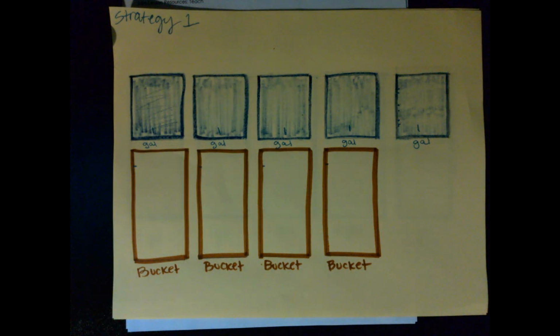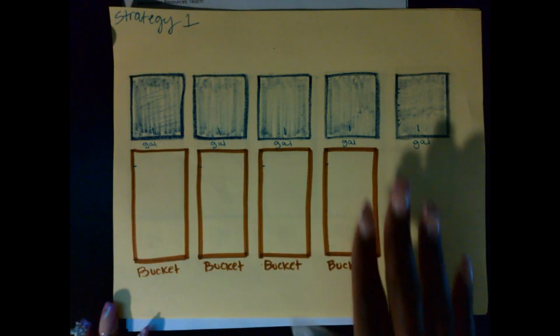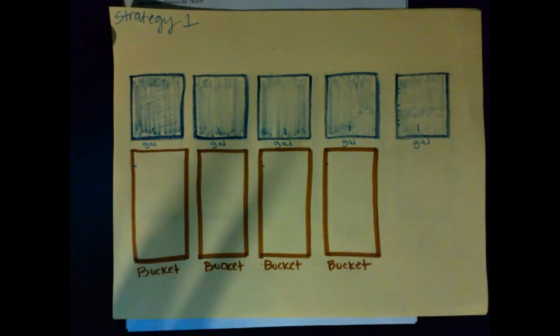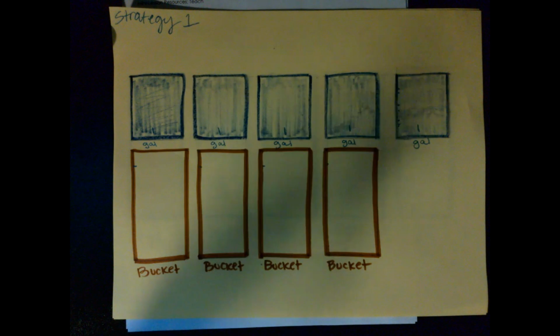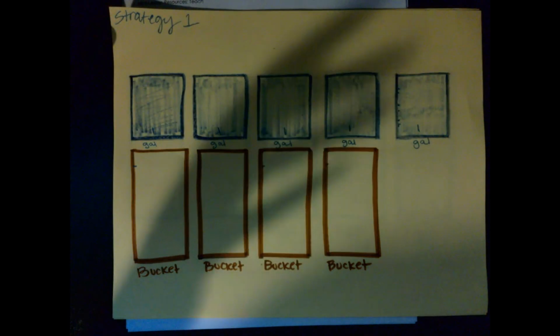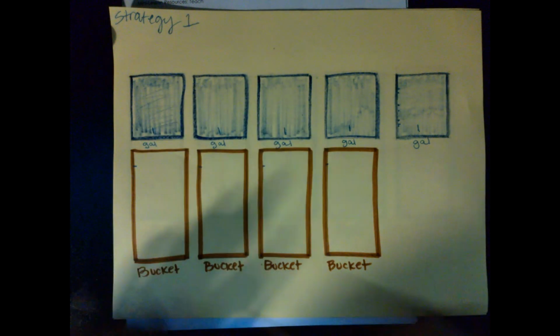I have my 5 rectangles representing my 5 gallons of water and 4 longer rectangles representing my 4 buckets. The farmer can go ahead and start pouring 1 gallon of water in each bucket. There's enough for each bucket to get 1 whole gallon of water.